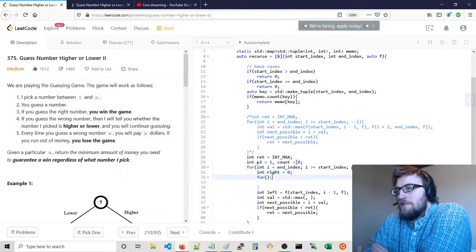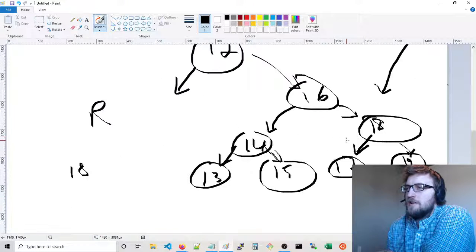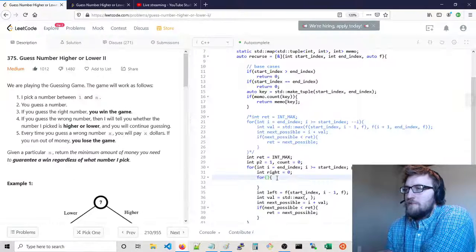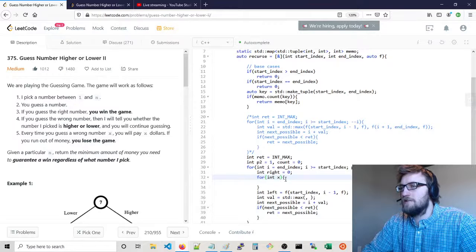Okay, so the right side, initially, if we're at the end index, we make that the root node. The right side will be 0, right? It's going to be for int x equals count, x greater than 0, minus x.